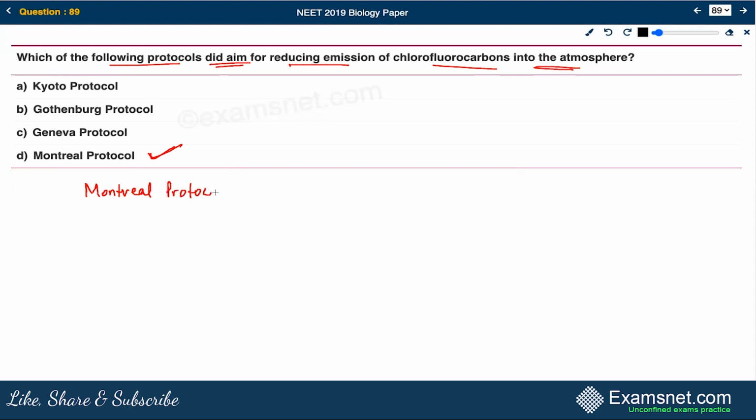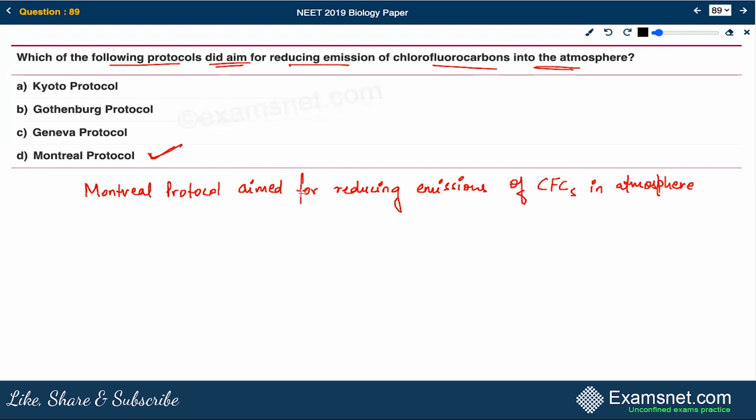Montreal Protocol aimed for reducing emissions of CFCs, which are chlorofluorocarbons, in the atmosphere. All right. Now, what is the reason for this?